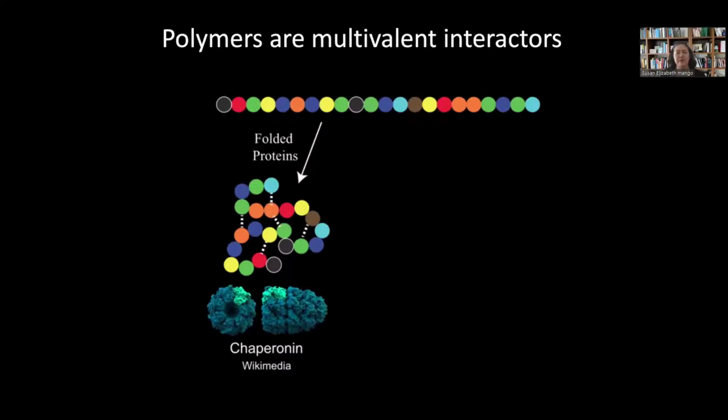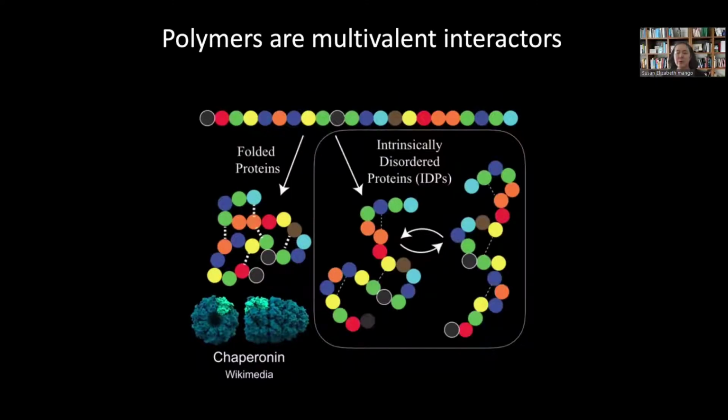There's another kind of protein, found frequently in the cell, called intrinsically disordered proteins, IDPs. What that means is that they can assume different configurations.